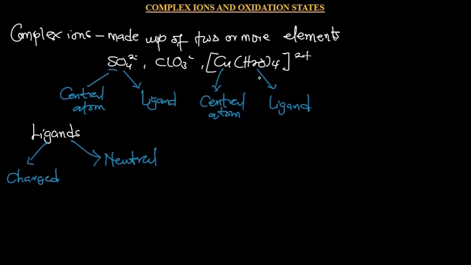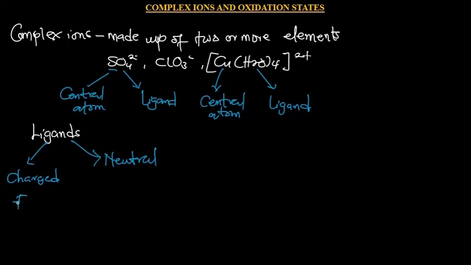Usually you'll be given a complex ion that may contain one or two or more different types of ligands. You have to be able to determine which ones are neutral and which ones have a charge, because that is what you use in naming them. Let's look at some examples.